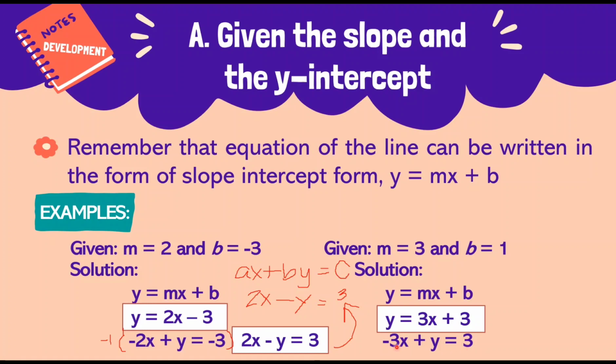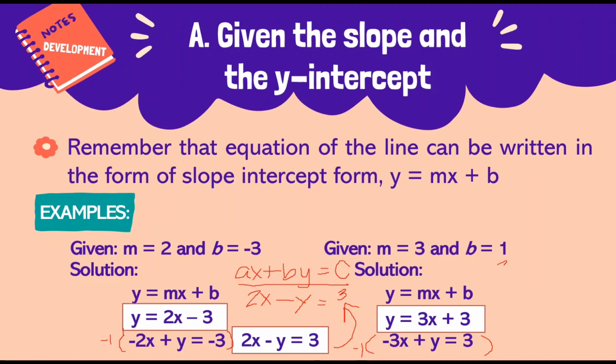Okay, so since this is negative 3x plus y is equal to positive 1, of course, we will do the same thing again. We need to multiply both sides of the equation by negative 1 to eliminate the negative sign of our first term. Because, our standard form ax plus by is equal to c does not have a negative first term. So, let us multiply negative 1 times negative 3x.